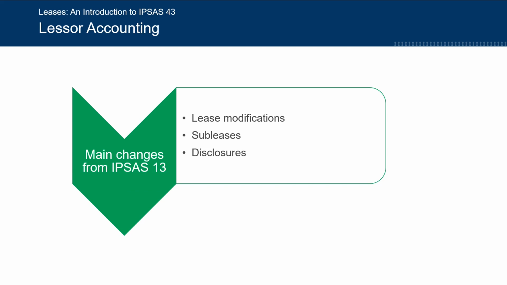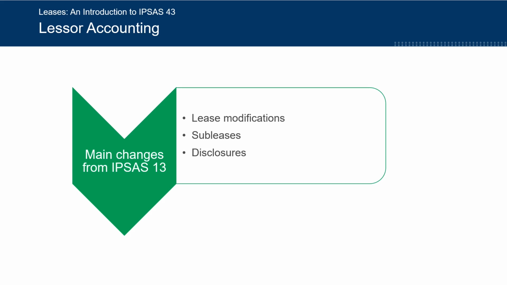For example, in lease modifications, IPSAS 43 accounts for a modification to a finance lease as a separate lease if the modification increases the scope of the lease by adding the right for the lessee to use one or more underlying assets, and the consideration received for the lease increases by an amount commensurate with the standalone price for the increase in scope.